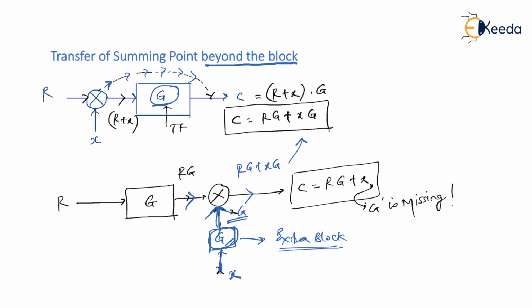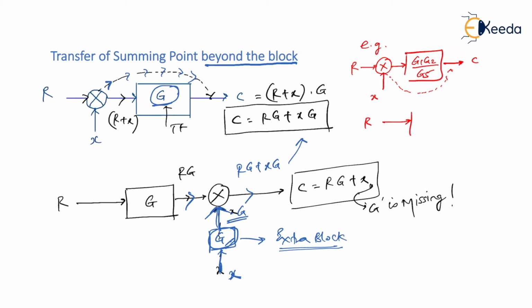For example, if the problem is like this: R, this is the summing point, this is input X. Let's say the transfer function was G1 G2 upon, let's say, G5, and the output is C. Then if you are shifting this summing point to the right, it will be like this according to the rule. Now the summing point will not be there, because it is shifted to the right side. Let us rub this. So it will be like this.